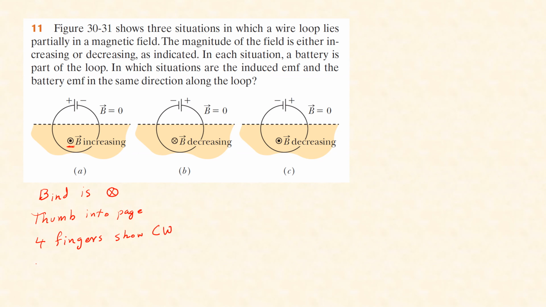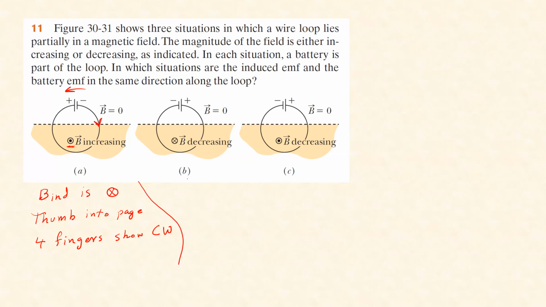So induced current is clockwise, means this way. And induced current is in the same direction as induced EMF, right? So induced EMF is clockwise. The battery EMF is counterclockwise. So they are in opposite direction. Make sense, anybody? All right, so that's for that one.